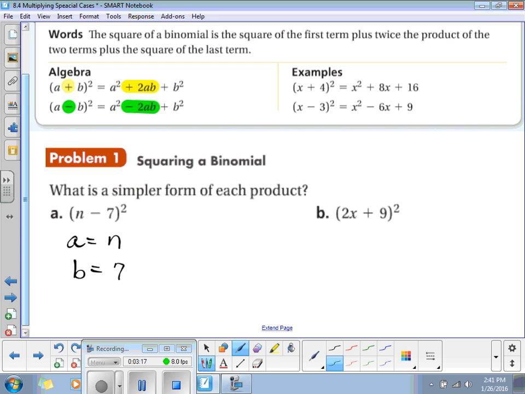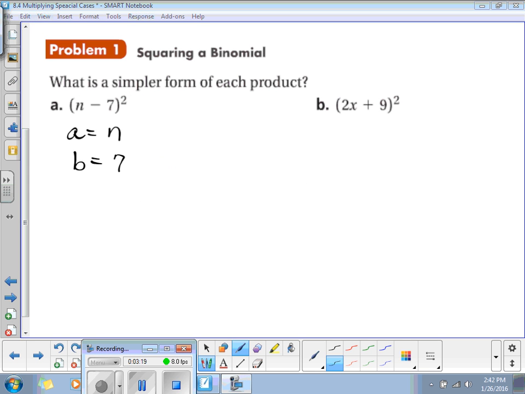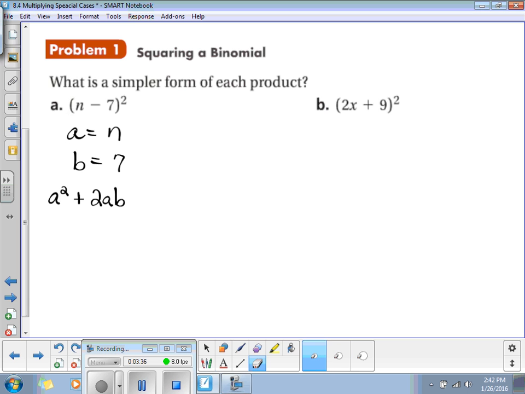Now, here's our a, here's our b, and now we're going to put it into the formula: a squared plus 2ab. Nope, it's going to be minus 2ab. Good catch. Minus 2ab plus b squared.